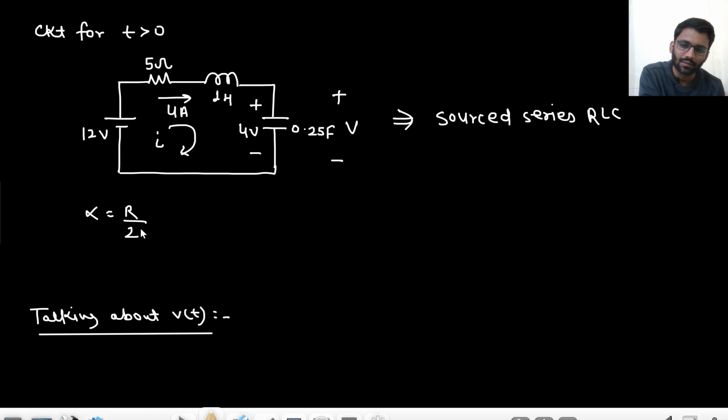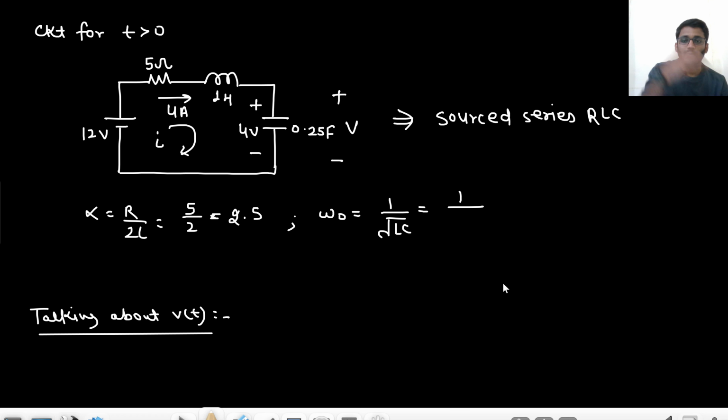Alpha is R by 2, 5 by 2, that is 2.5. What is omega naught? That is 1 by root LC, 1 by root of 1 into 0.25. That is 2. That means our alpha is greater than omega naught.